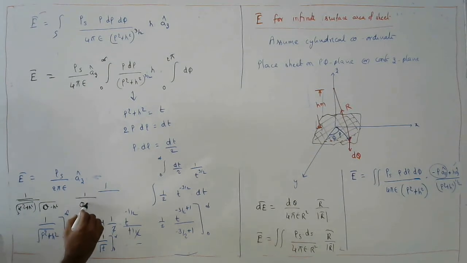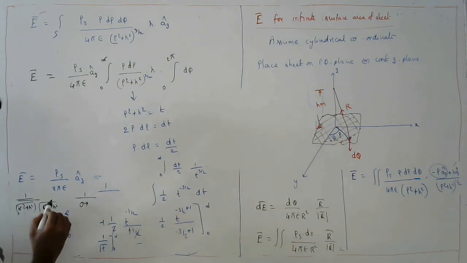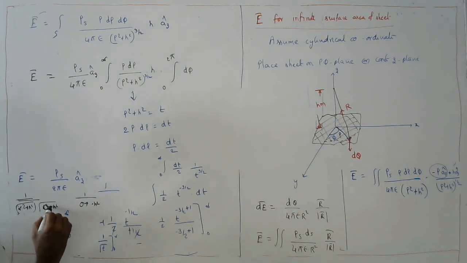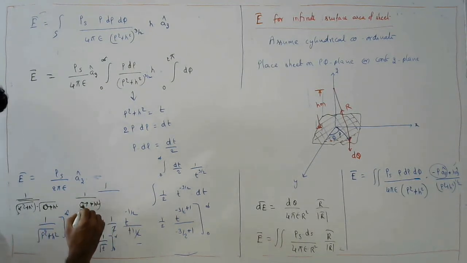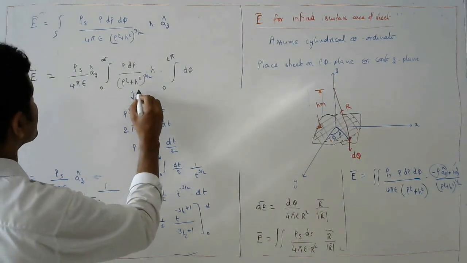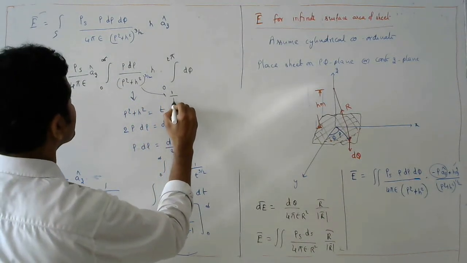At the lower limit 0, we get 0 minus 1 by root of 0 square plus h square, and the minus signs combine to give plus 1 by root h square. So 1 by root h square is nothing but 1 by h. The total expression becomes 1 by h.